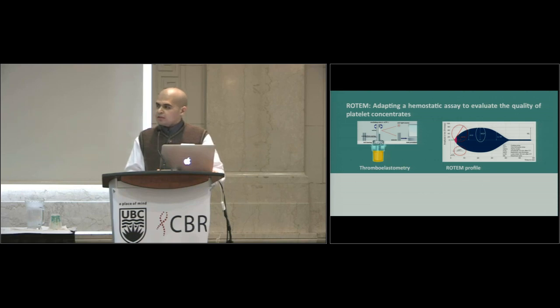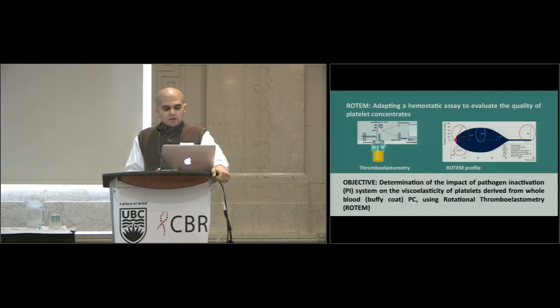We were also interested in the maximum clot firmness, which is the maximum firmness that can be reached for this clot, and the maximum lysis, or fibrinolysis, of this clot. So the objective was determination of the impact of the pathogen inactivation system on the viscoelasticity of platelets derived from buffy coat platelet concentrate using rotational thromboelastometry.